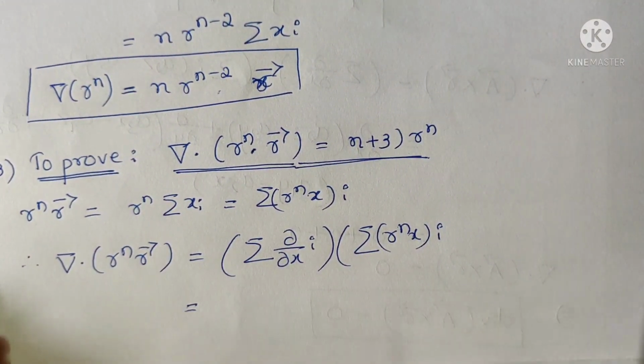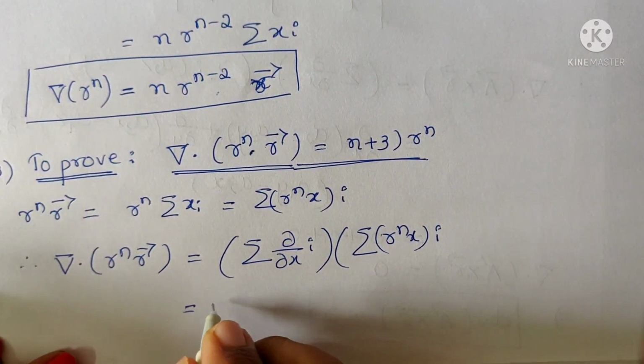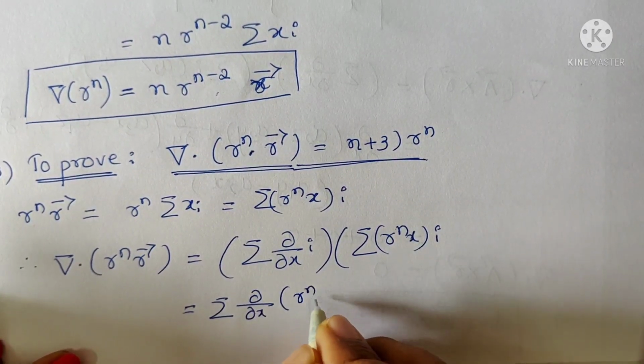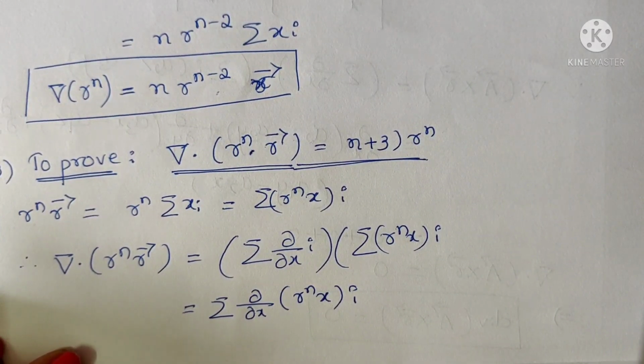So this is equal to summation of ∂/∂x of r^n x into i.